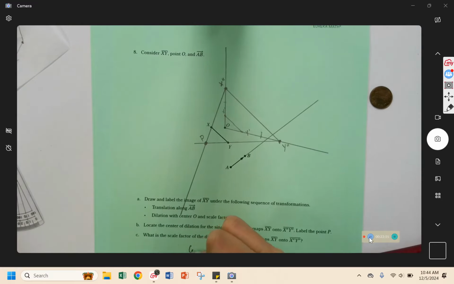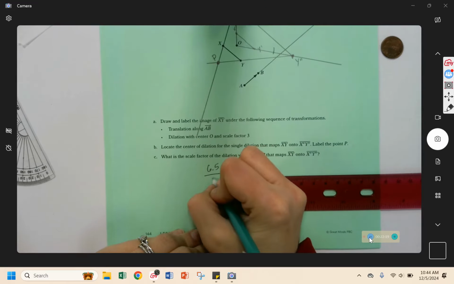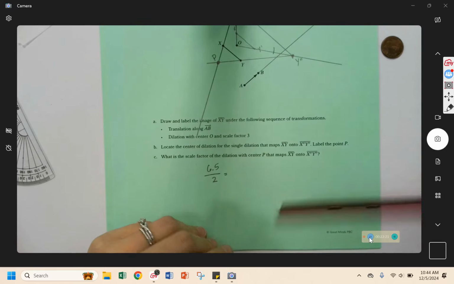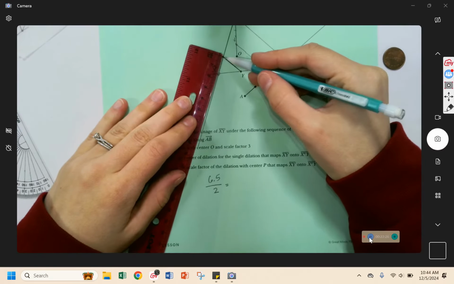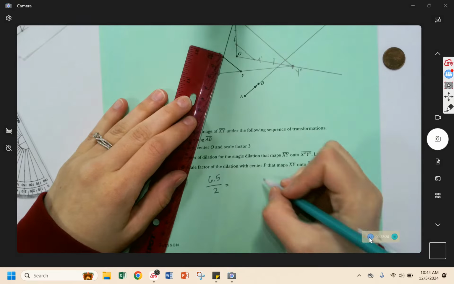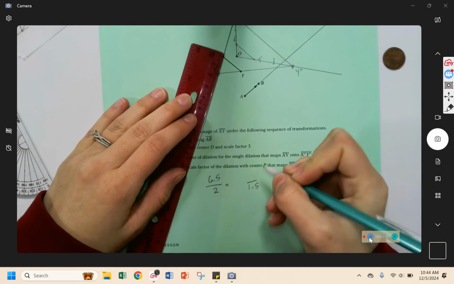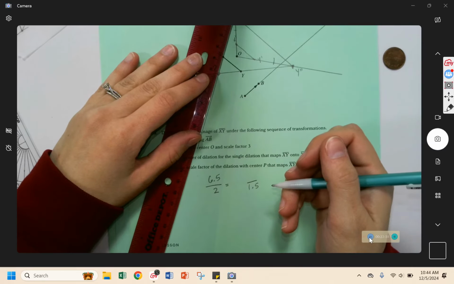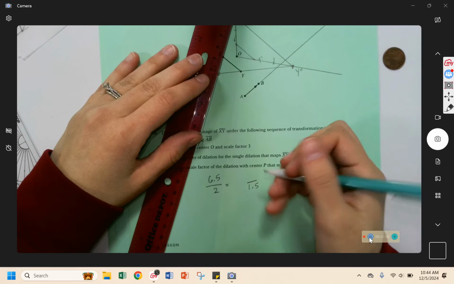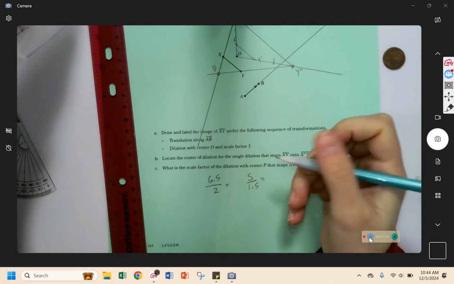So the new divided by the original. We can also verify over here. This distance is about 1.5. And this distance is approximately 5 centimeters.